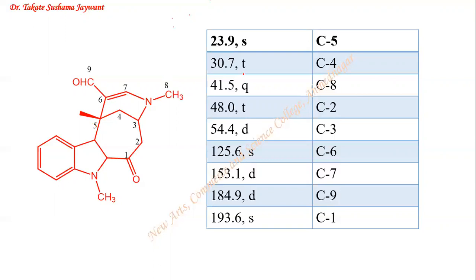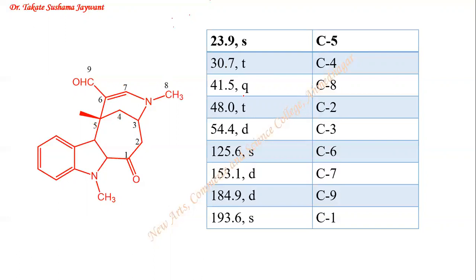Then we have the next signal, 30.7 triplet. Triplet means it must be methylene. So among the given carbon atoms, C4 and C2 are methylenes, but if you look at C2, C2 is attached to carbonyl, so it must be more deshielded, and therefore this signal corresponds to C4.